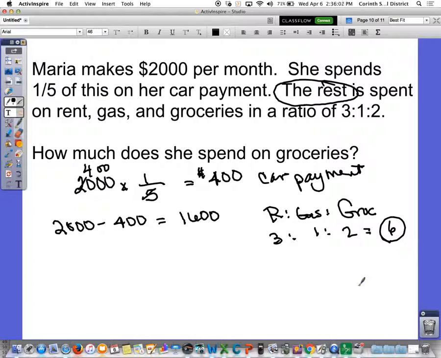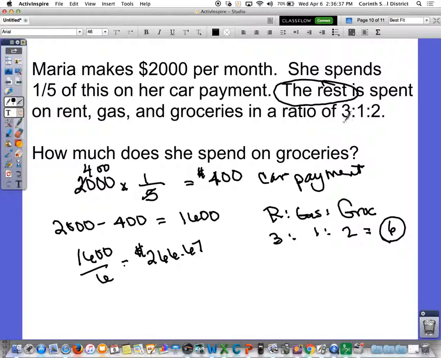So how much does she spend in groceries? So we would have to say 1,600 divided by 6. So that's going to give me approximately $266.67 per part.